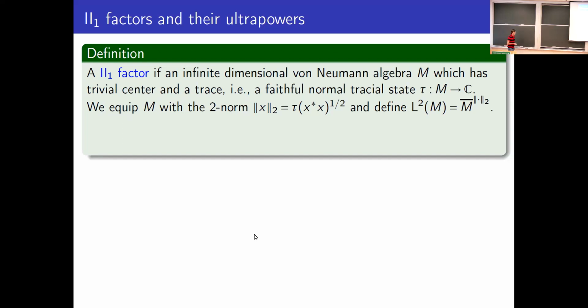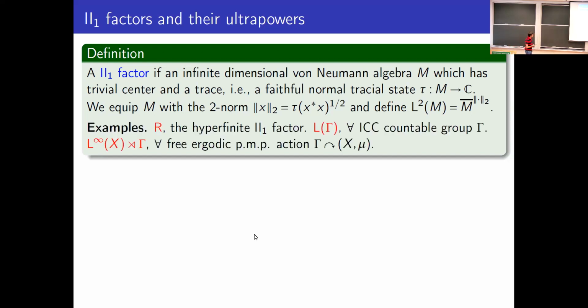This is a Hilbert space, but more than that, it comes equipped with an M bimodule structure. M acts on L2 of M by left and right multiplication, and this is the so-called standard representation of M as bounded operators. All right, so some examples here.